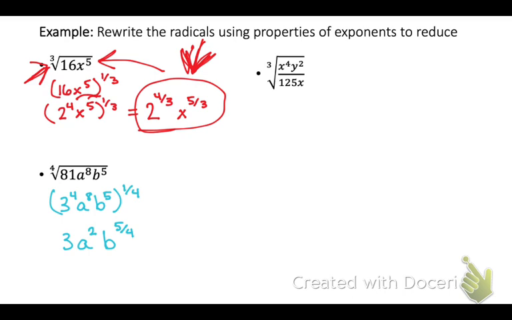We have x to the first and we have x to the fourth. Can we divide that? Yes. So it'd be x to the third, because 4 minus 1. So I have x to the third, y to the second, over 5 cubed, all to the 1/3.